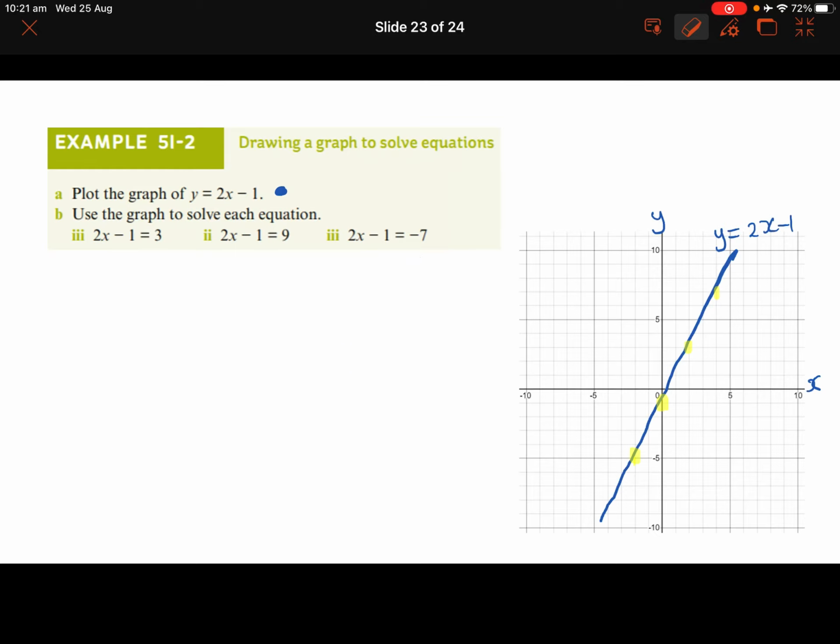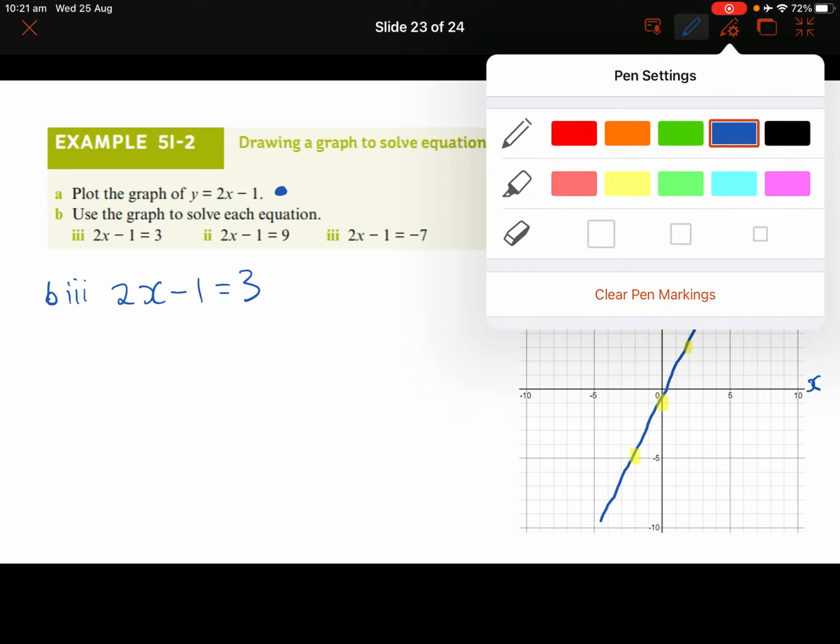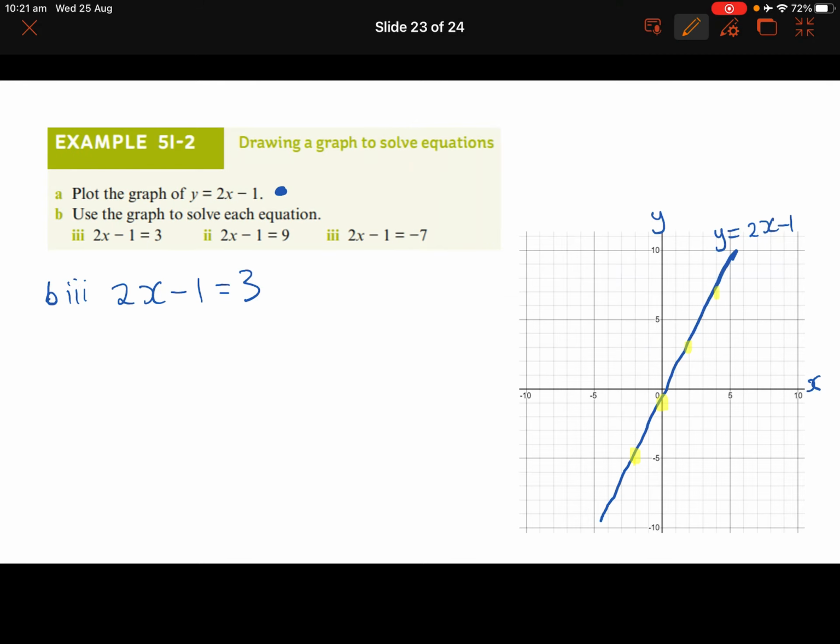Okay, and same as the question before, we're going to be looking at the first one. So it wants us to find x when y equals 3. So looking over at our graph, when y is 3, so 1, 2, 3, okay, what is x here? Well, x is 2. x equals 2.